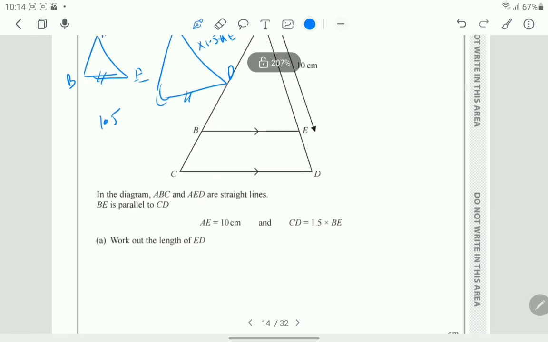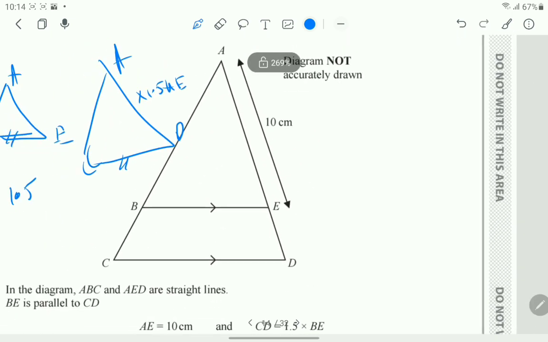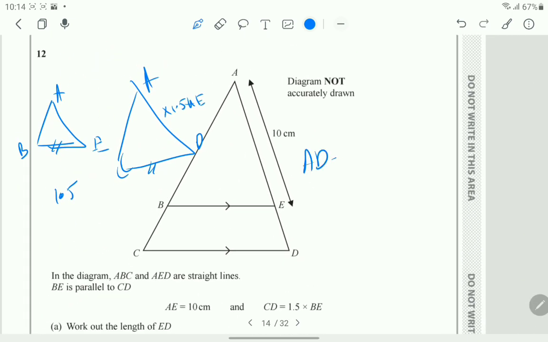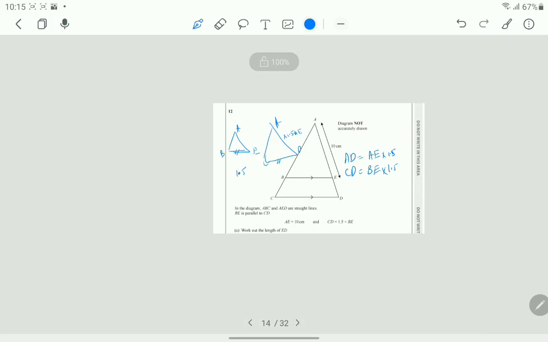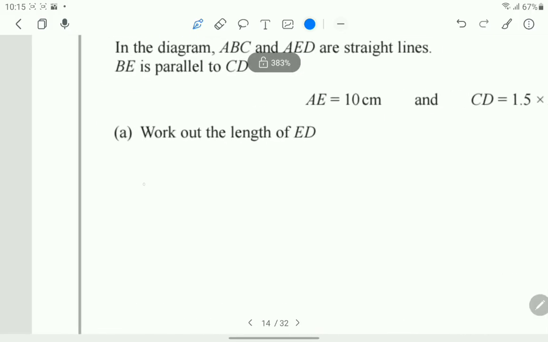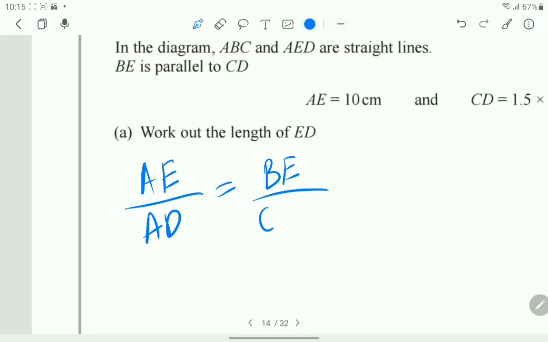By making it an equation, we can say that AD equals AE times 1.5, and the question already tells us that CD equals BE times 1.5. So if we write it down in our solution space, the AE side would have the same ratio as BE over CD.